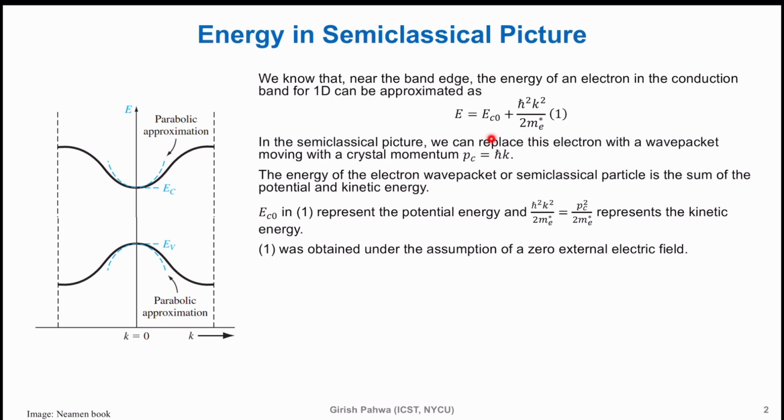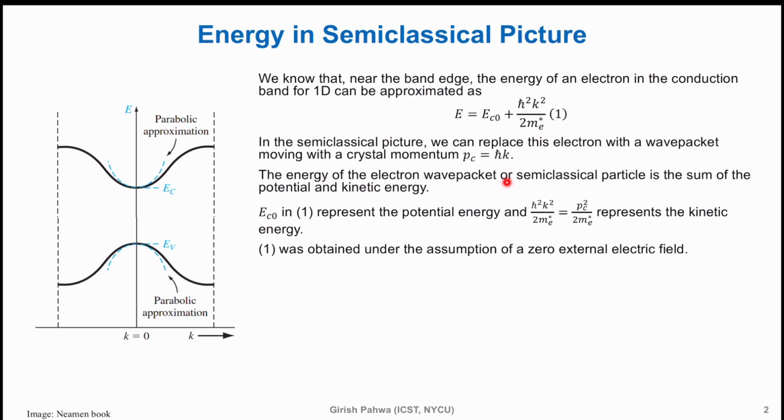What is that potential energy? Say, if V is the value of the potential, then what will be the potential energy of the electron at that point? Charge times potential, correct? Minus E times V, or minus Q times V.